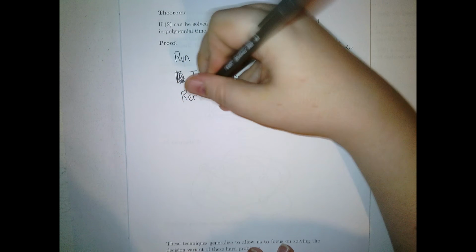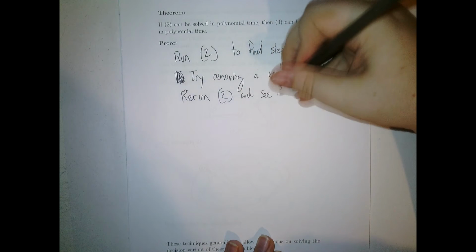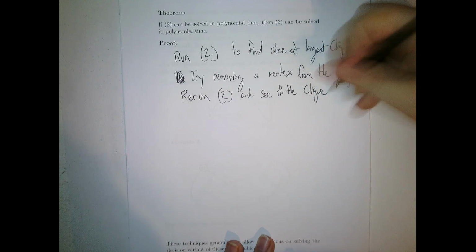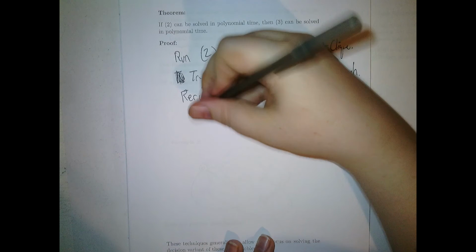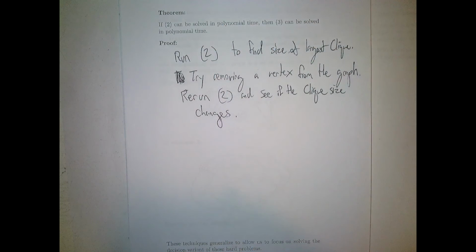Let's rerun 2 and see if the clique size changes. Right, so we try removing a vertex from the graph, then just run 2 again and see if that changes the size of the clique you found. If you found K before, do we still find K? If we don't find K, that vertex was in the largest clique.